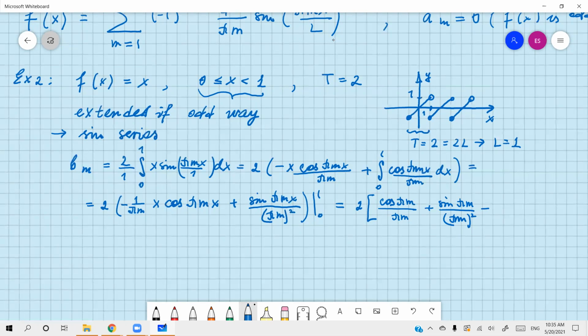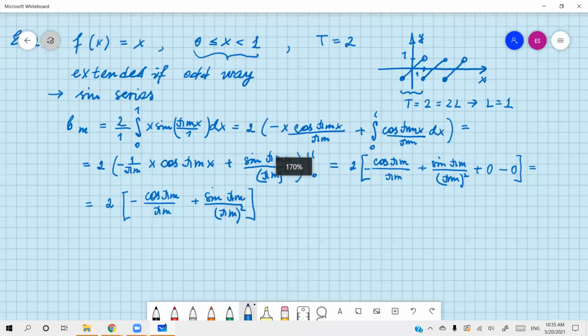I was writing it down, and then forgot about it. Minus, which is going to become plus if you substitute the 1, right? And because x is equal to 0, the lower limit, I'm going to have 0. And minus, and because sine of 0 is equal to 0, I'm going to have another 0, like in the previous case. So basically, I'm going to have 2 negative cosine of pi m over pi m plus sine of pi m over pi m squared.